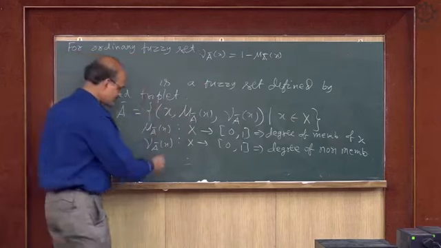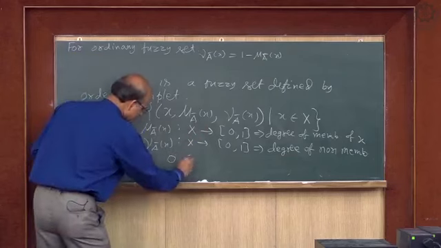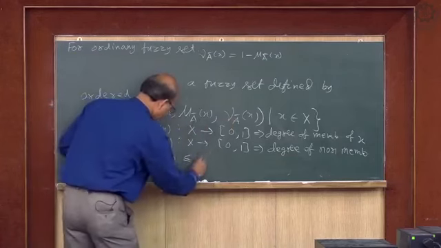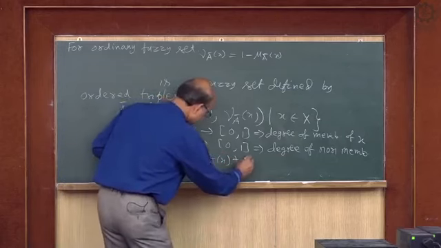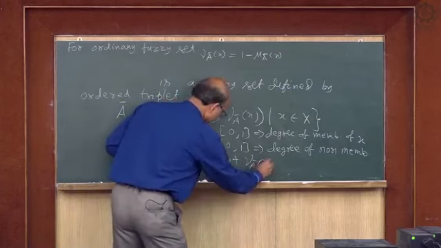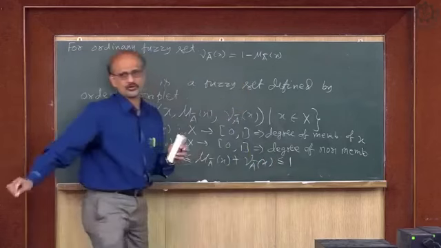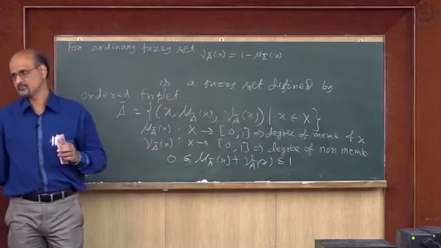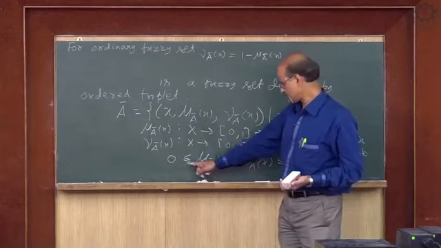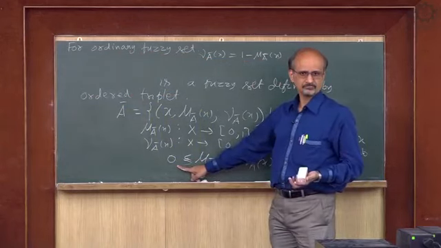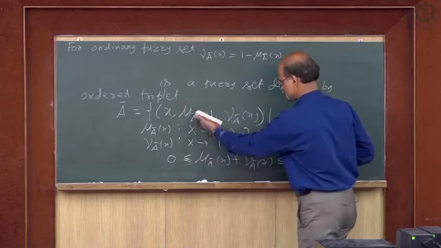Here one more condition is there, that is the addition of mu A bar x plus nu A bar x should be between 0 and 1. It cannot exceed 1, and cannot be less than 0. This is the condition for these two.